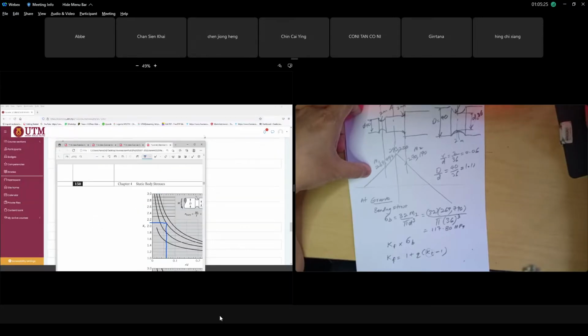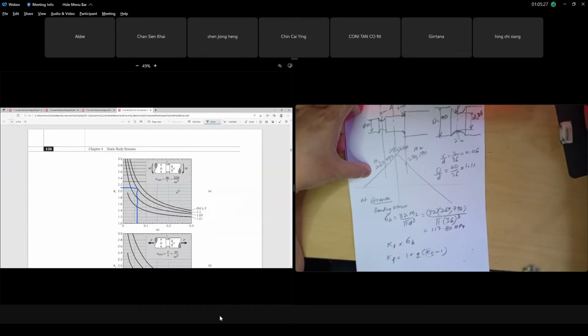Okay, if you look in your textbook, for bending, why is the figure... it should be 2.25, this 0.5, 2.25.